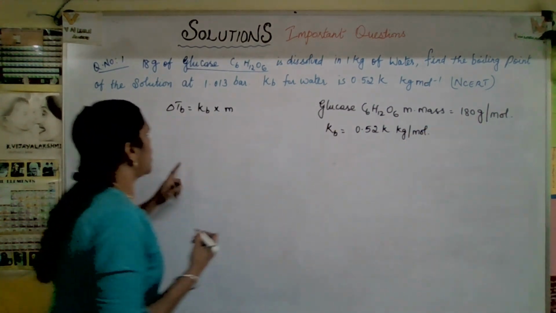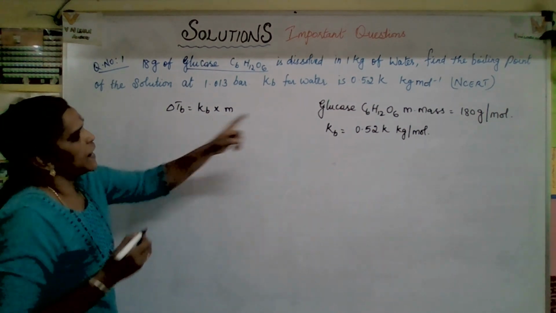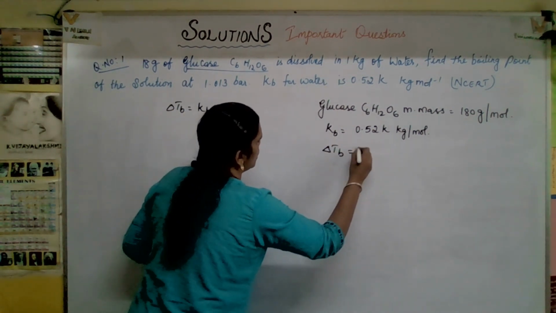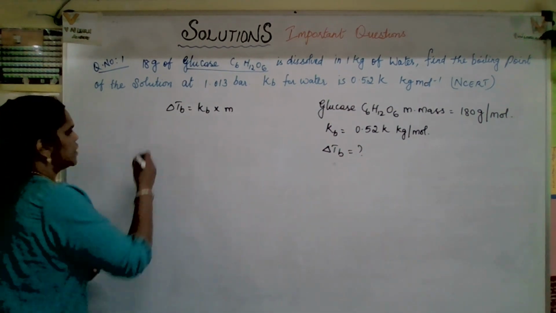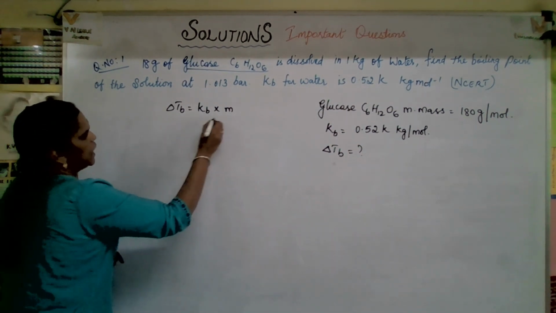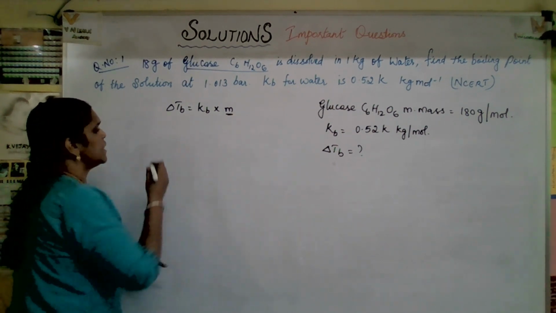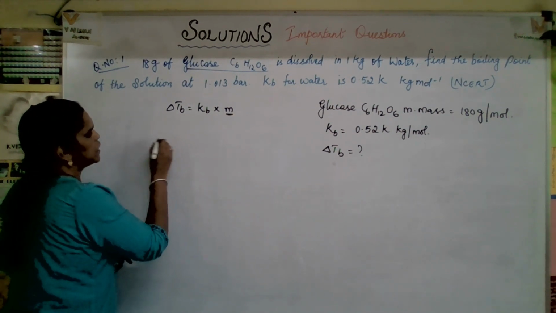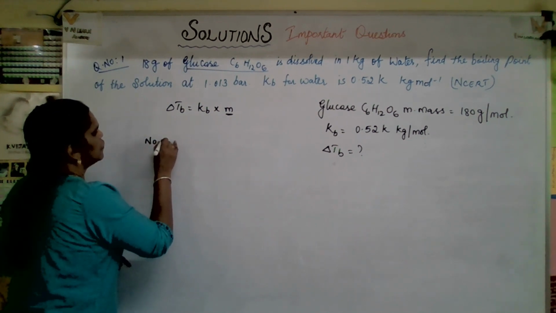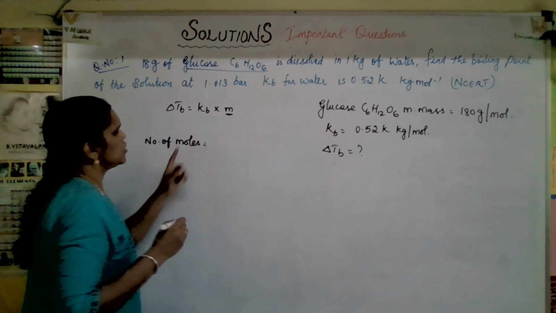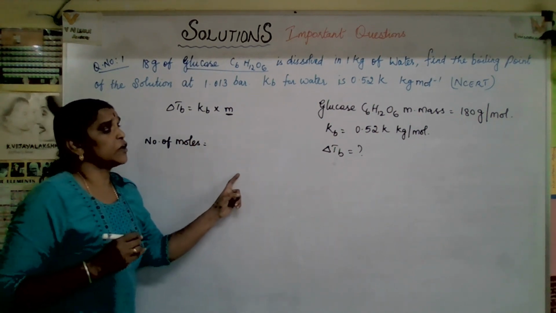Here we have to find the boiling point, so we only have to find out delta TB. Delta TB equal to KB into m, molality. For that we have to find the number of moles, which is given mass by molecular mass.